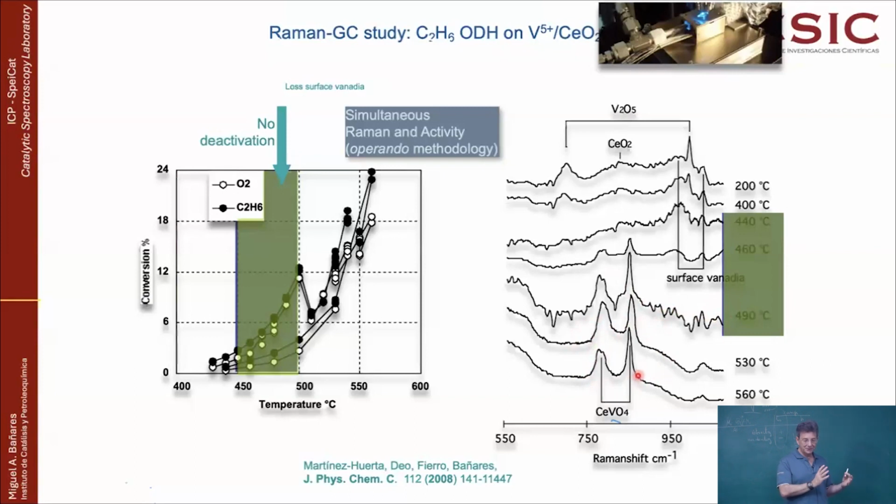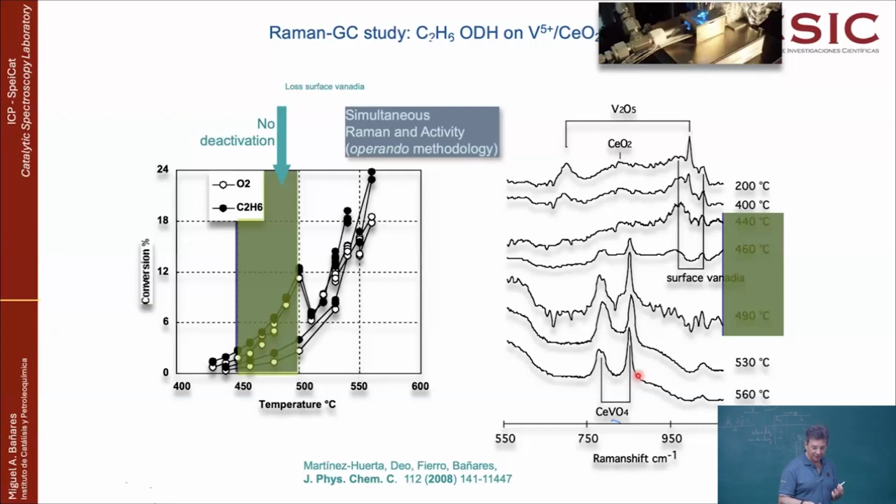Somehow this is telling us there is something else. Incipient cerium vanadate is not really killing the catalyst, but the well-developed cerium vanadate is killing the catalyst. Would that make sense? How would I explain that?